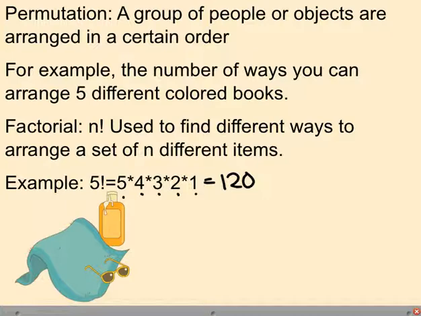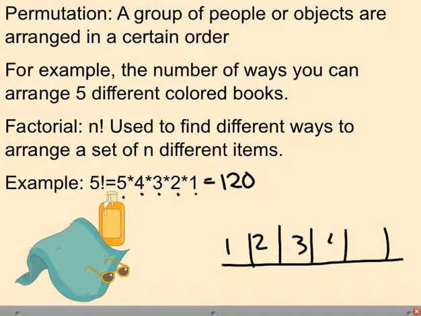The reason we use a factorial is this. Say we have this bookshelf, and there are 5 spots for these books. 1, 2, 3, 4, and 5. Okay, so we have these 5 different spots for the books. Well, if I have these 5 different books, if I put them in spot number 1, I have 5 different choices of books to put in spot number 1, and so I place 1 there.